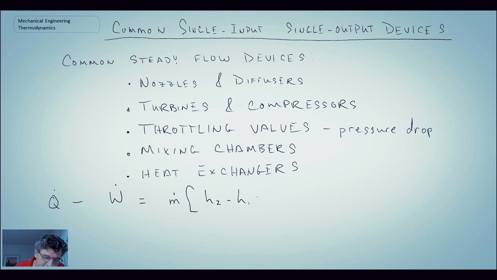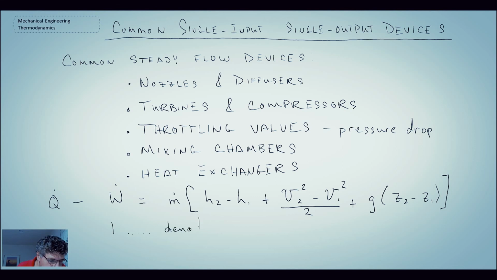You have the change in enthalpy plus the change in kinetic energy plus the change in potential energy. And in this, 1 denotes the inlet state, and 2 denotes the exit state.